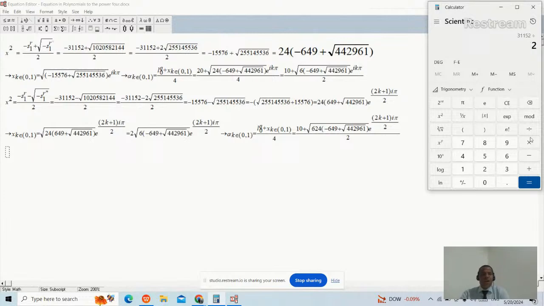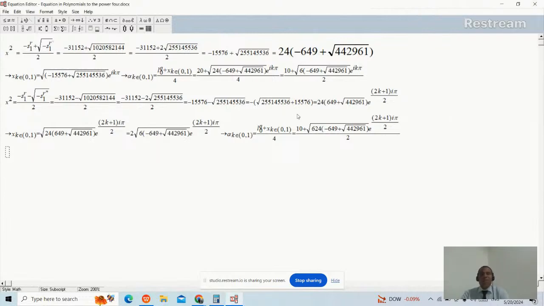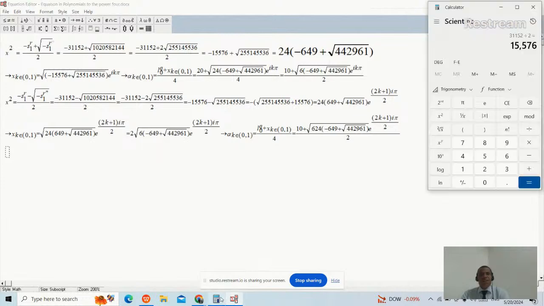I will obtain exactly 15,576, and don't forget about the negative sign. Therefore, I will appear 24 here. I will divide this by 24. It will be equal to 649. Then I wrote it here, make 24 times negative 649, because this one is negative.